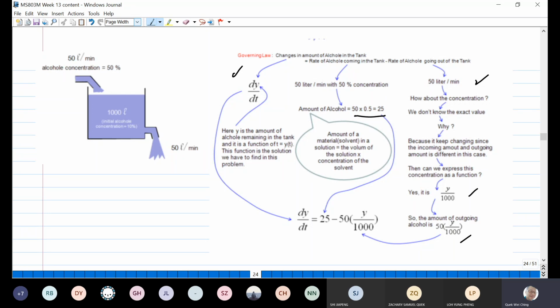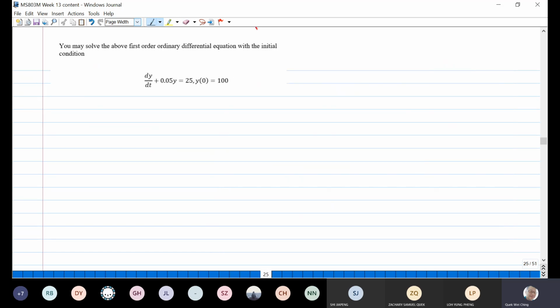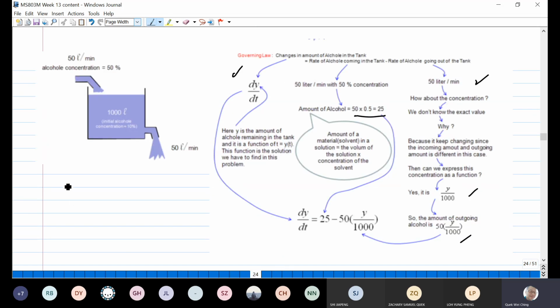So dy dt equals 25 minus 50 y over 1,000. So now simplify the equation. dy dt equals 25 minus 50 over 1,000 y. Just check, make sure that it's correct here. 50 over 1,000 gets 0.05.